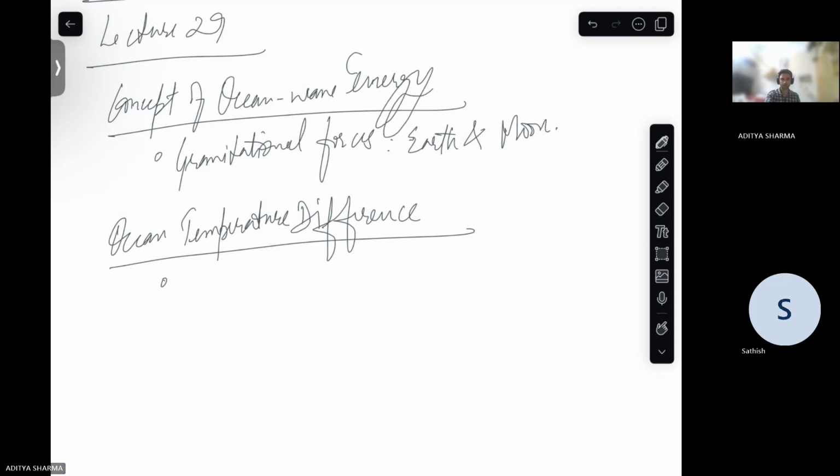So the law that governs this temperature difference is Lambert's law of absorption.